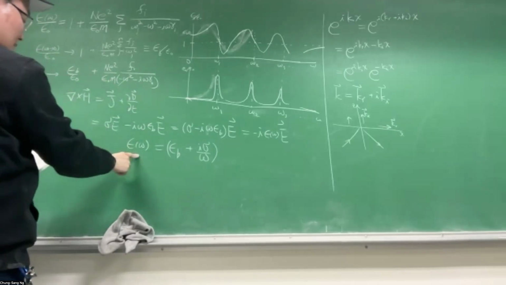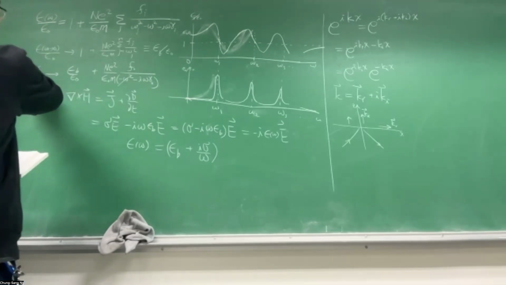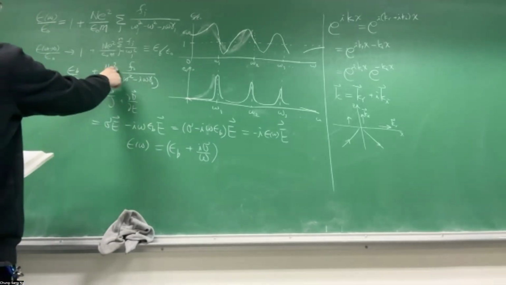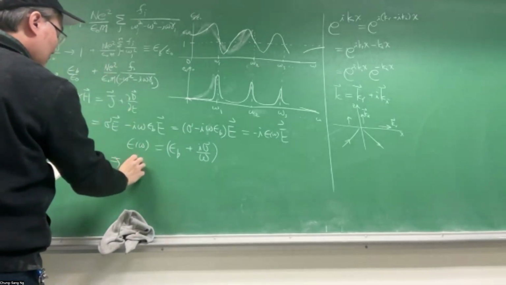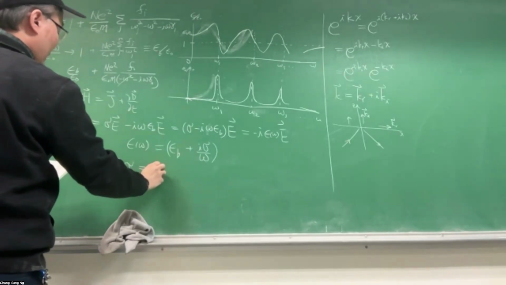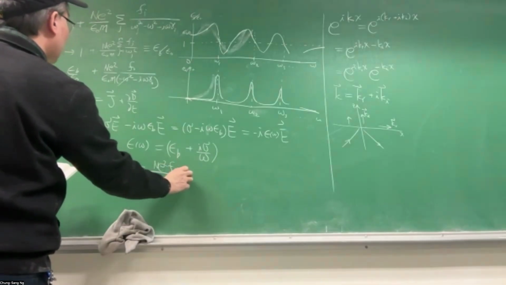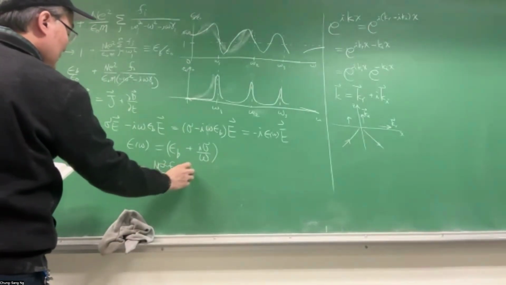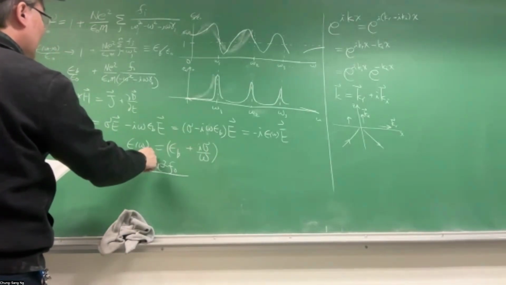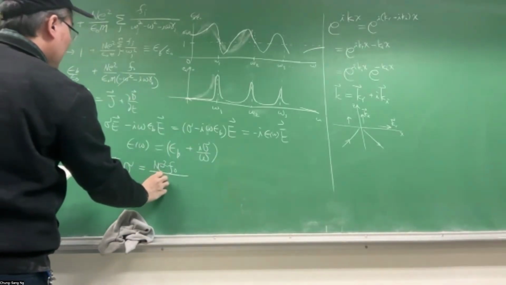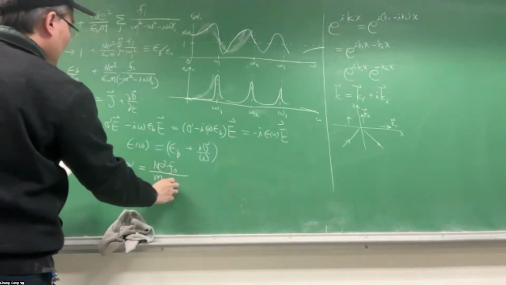Actually, cancel this; this doesn't have epsilon 0 because this is what is divided by epsilon 0. So N e squared, which implies sigma equals N e squared f sub 0 over m gamma sub 0.